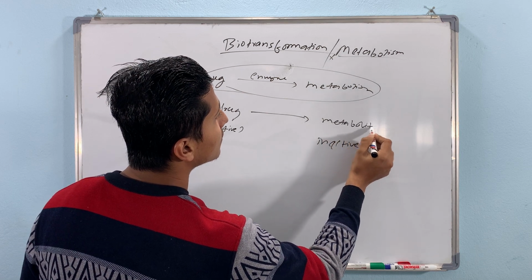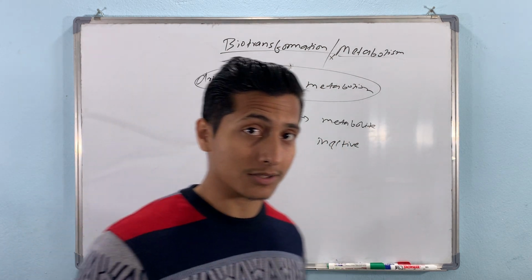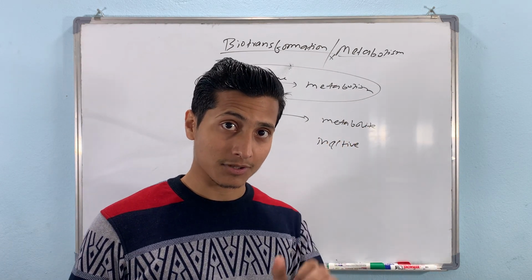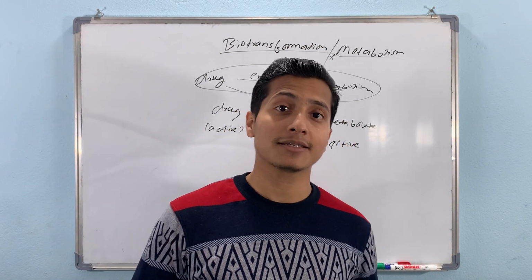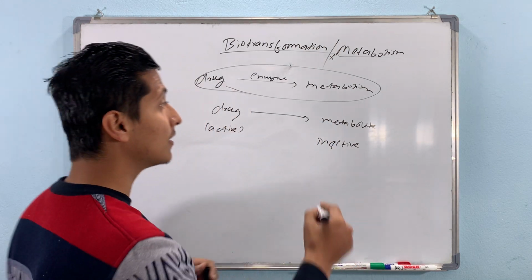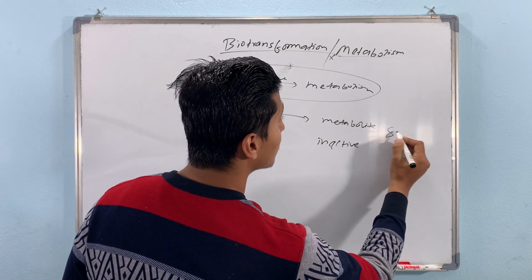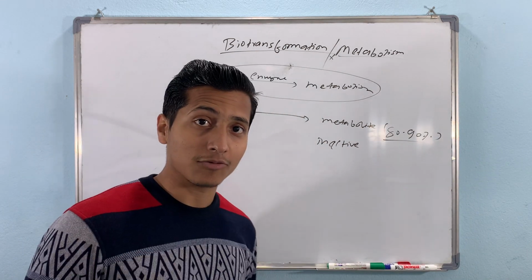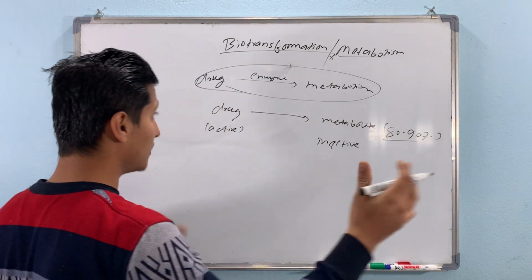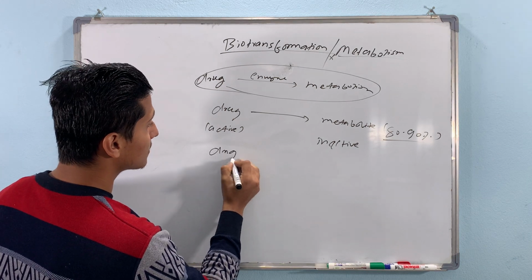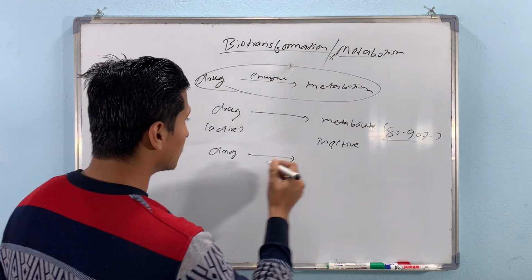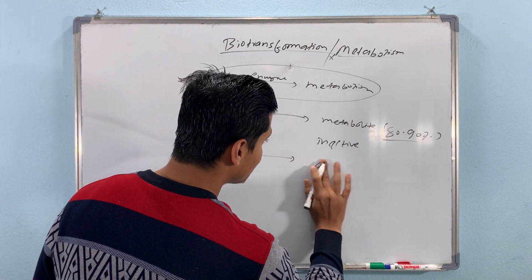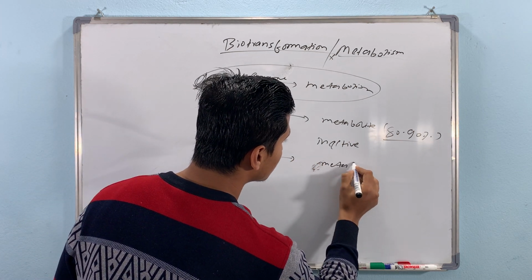That's true in 80 to 90% of the cases, but that's not always true, because there are many other cases where the active drug gets converted into active metabolite, right?